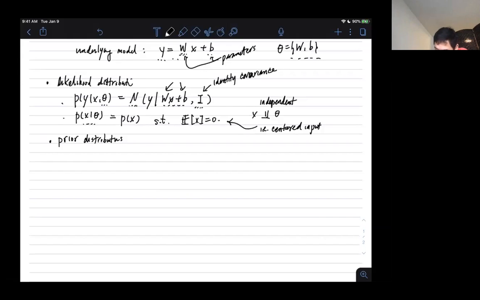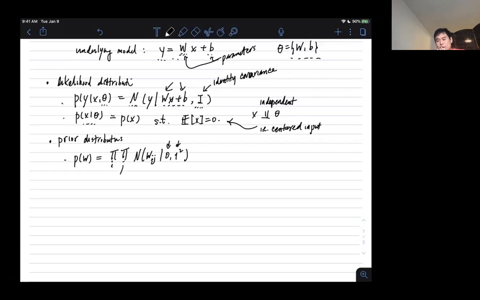So we're going to write down the prior distribution of the weight matrix as the product over i and j, where each element Wij, because W is a matrix, simply follows a standard normal distribution. Standard normal distribution because our mean is 0 and the standard deviation is 1.